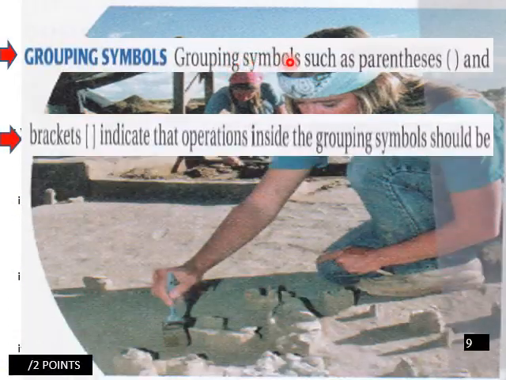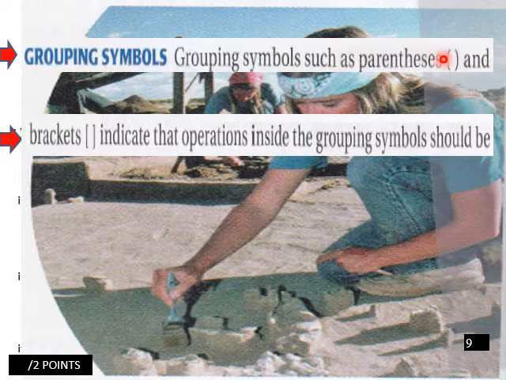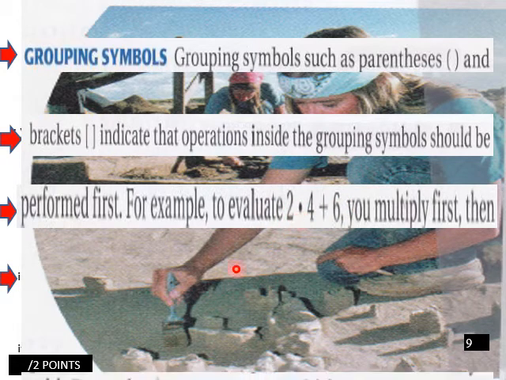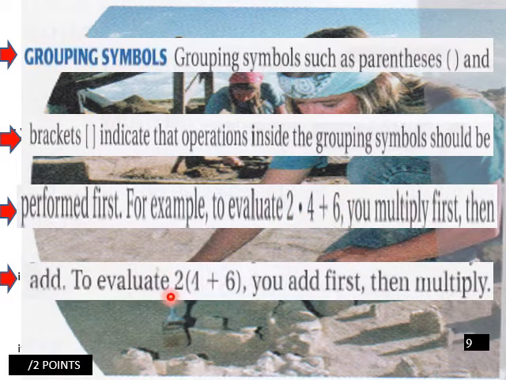Okay, grouping symbols. Grouping symbols such as parentheses, the P in PEMDAS actually, and brackets, indicate that operations inside a grouping symbol should be performed first. For example, 2 times 4 plus 6, you do your multiplication first, then add. To evaluate 2 times quantity 4 plus 6, you add first.